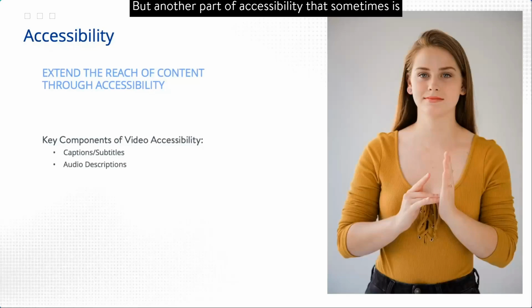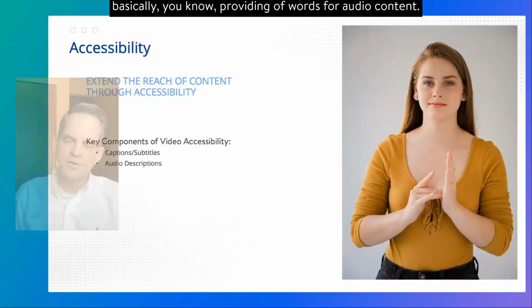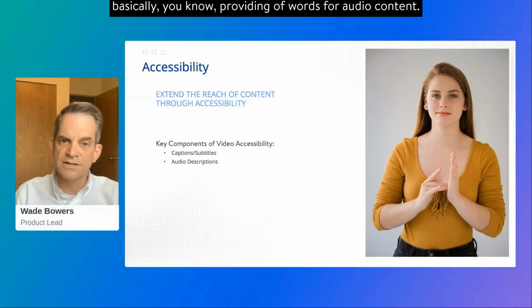But another part of accessibility that sometimes is missed is that the accessibility features we're adding actually allow us to reach audiences, not just those who may be faced with a disability, but those with differences in the way they're consuming our content. For example, one of the key components of accessibility is the use of captions or subtitles. I think everybody's quite familiar with those, basically providing words for audio content.